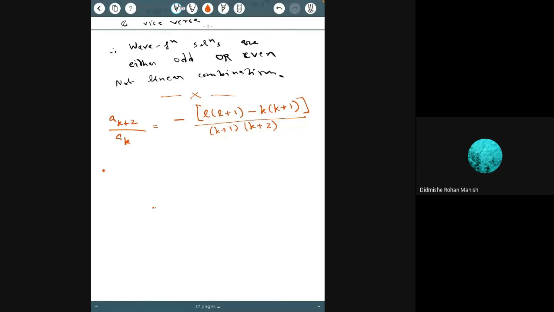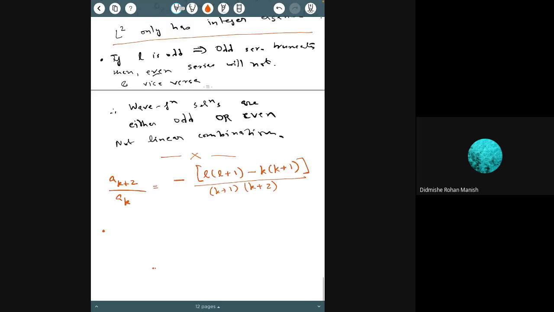This recursion relation will give you unnormalized Legendre polynomials. Those are the y's that I had written before.